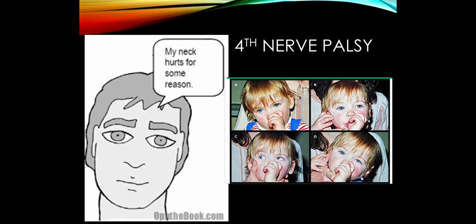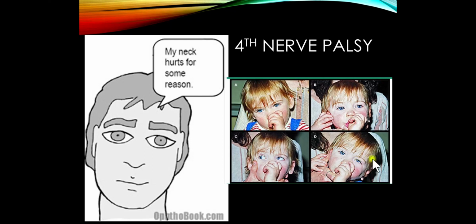And so to prove this to yourself, I would pause the video, find a mirror, fixate on the mirror and tilt your head to the left. And notice what your eyes are doing when you tilt your head to the left. What happens is this eye needs to excyclotort, this eye needs to encyclotort, that's superior oblique function.